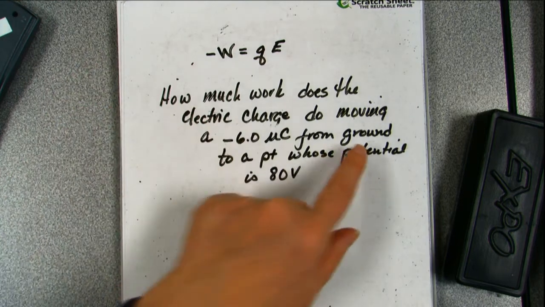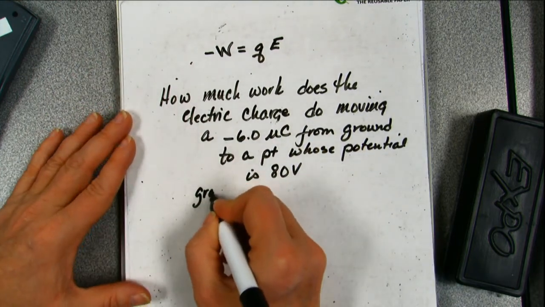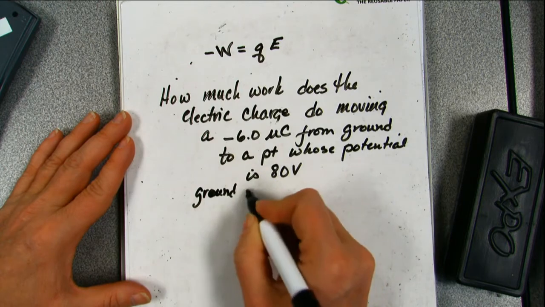If we say ground, the potential is equal to 0.